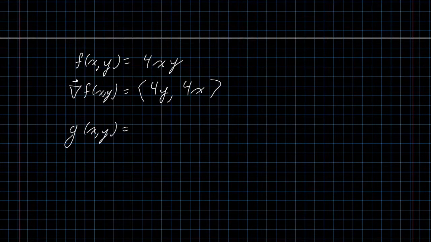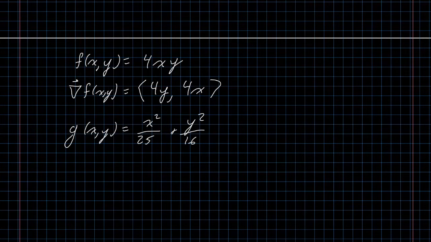Our constraint was that g of x and y was equal to 1, but it's just the constraint function g of x and y that we care about. And that was given as x squared over 25 plus y squared over 16. And again, our constraint was that g of x and y is equal to 1, but actually, let's go ahead and write that one down.